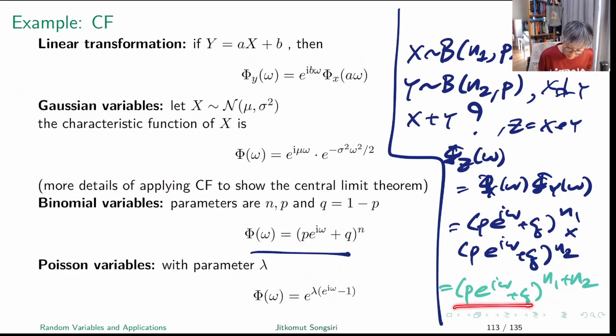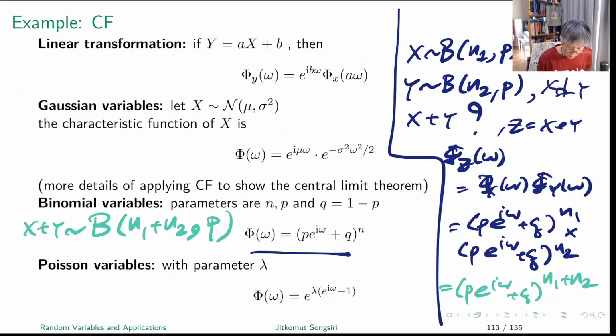What you can see is that it takes the form of another binomial random variable, just another binomial with this parameter. So we can conclude that X plus Y is another binomial random variable with n1 plus n2 trials and the same probability of success p. Does it make sense?